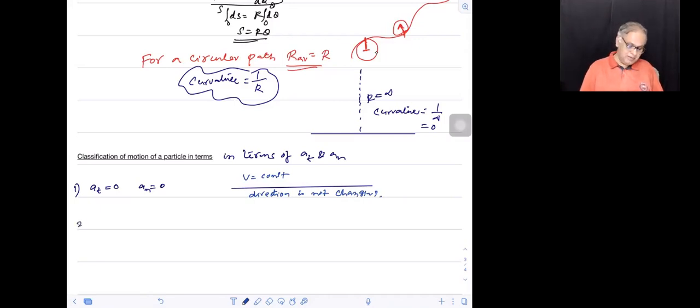The second kind will be: AT is not 0, AT is constant, and A normal is 0. Somebody else now take the lead. What kind of motion is this?